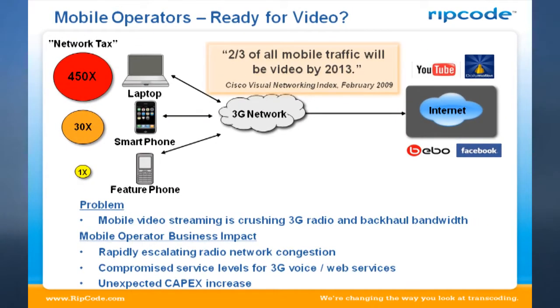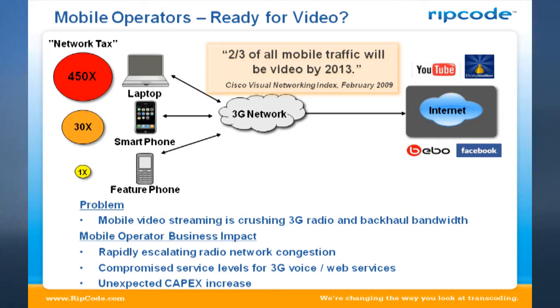The second trend is the power of the devices that are being used by consumers to look at video. Feature phones are one thing, but when you start to introduce smartphones like the iPhone, the BlackBerry Bold, and even tougher on the mobile network, laptops with 3G dongles, these devices consume a whole lot more bandwidth.